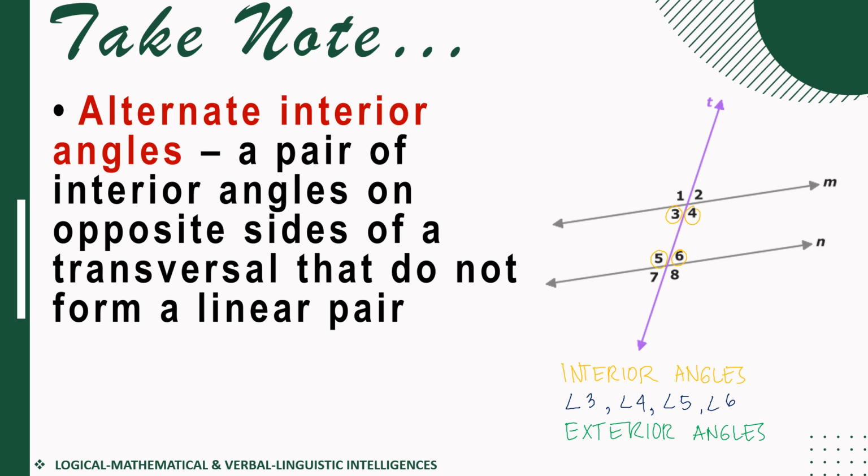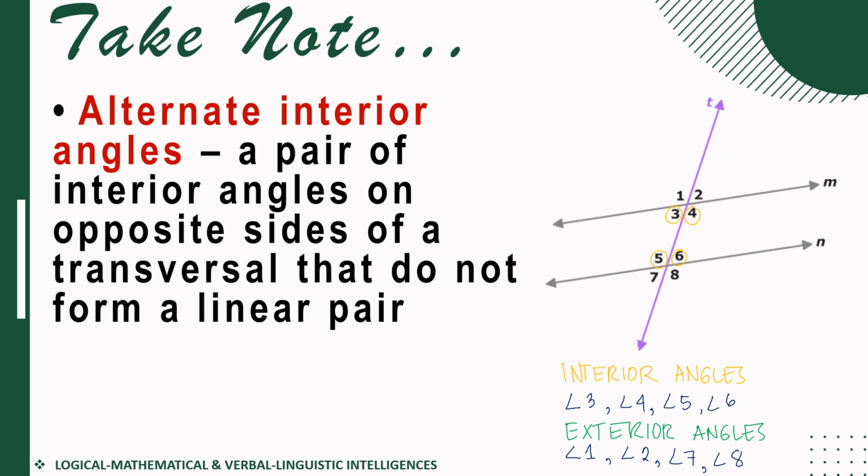So that means this time our exterior angles are angle 1, angle 2, angle 7, and angle 8. Alright, so now I hope you are familiar already with interior and exterior angles. We're going to apply this idea, which would give us the hint to easily and accurately identify different angle pairs in a while.